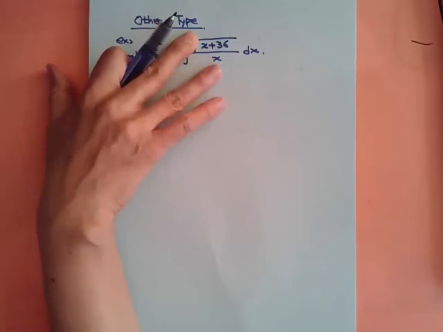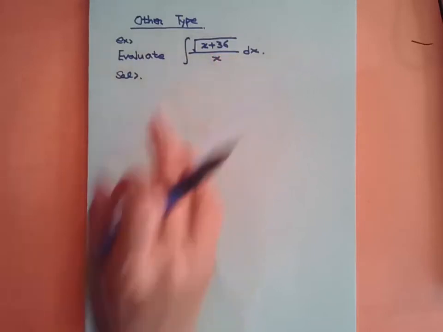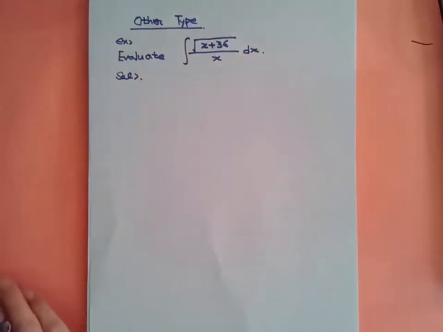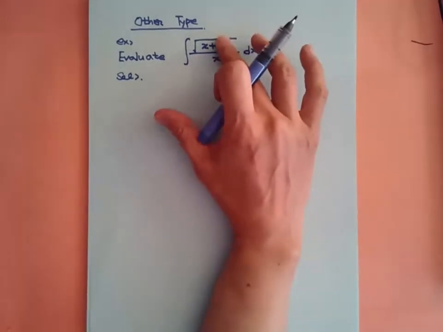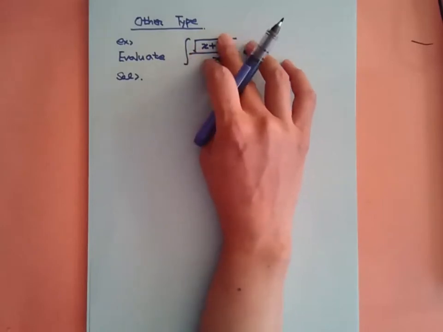So if you put u equals x plus 36, then dx is dx, and that doesn't help with the x in the denominator. We cannot get rid of the x in the denominator. But if you just forget this part, then this degree is half of this degree.